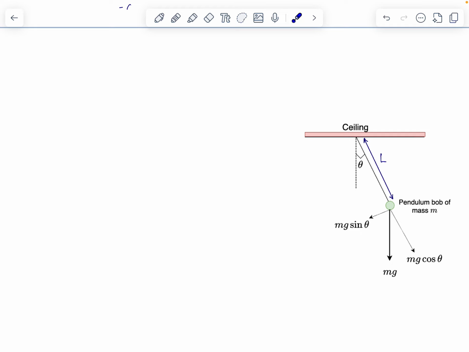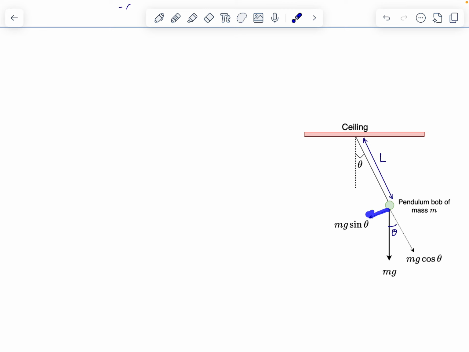Here, the weight of the pendulum bob of mass m acts vertically downwards. If you resolve the weight in two directions, one perpendicular to the length of the string and one parallel to it, the component perpendicular to the string is mg sine theta, and here, with this angle theta, the parallel component is mg cosine theta.